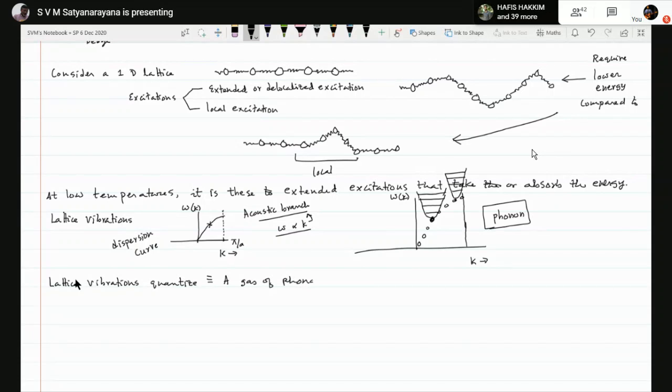So now you have to simply understand what this phonon is and what this gas of phonons is.